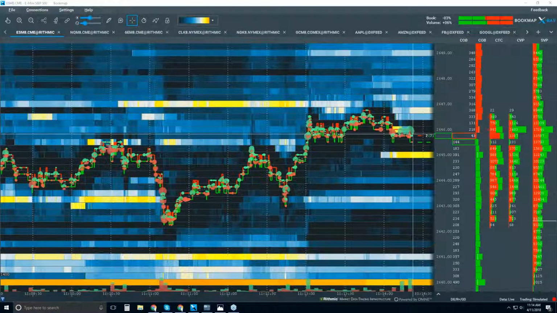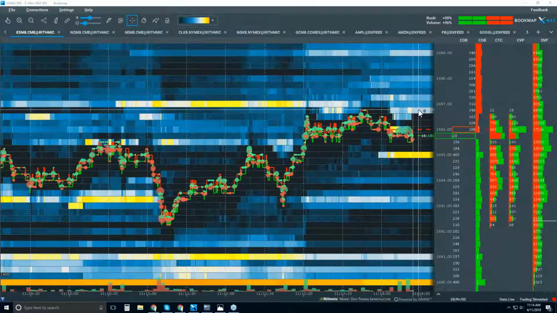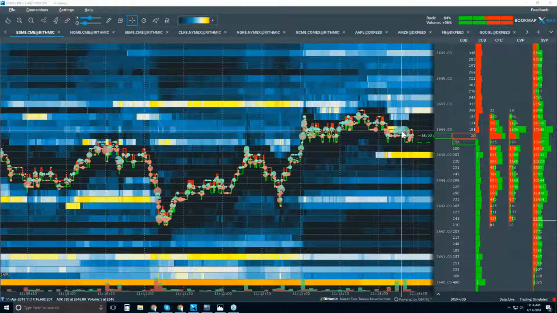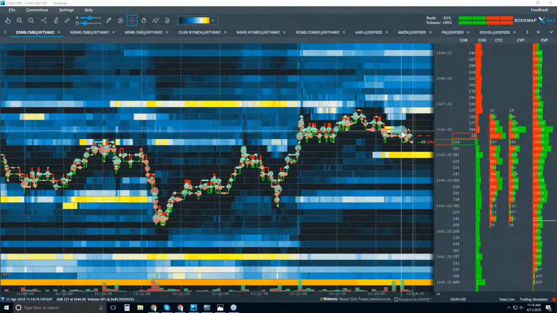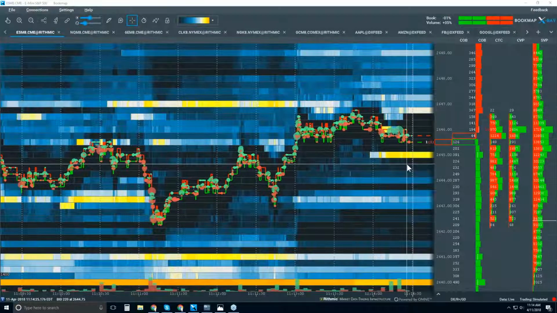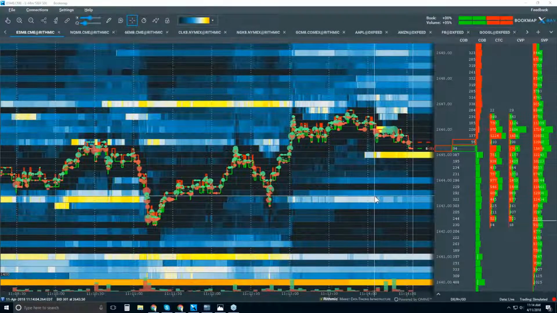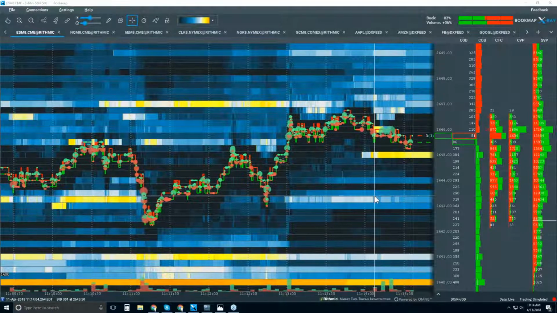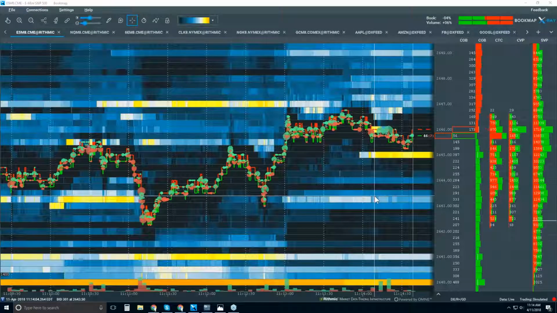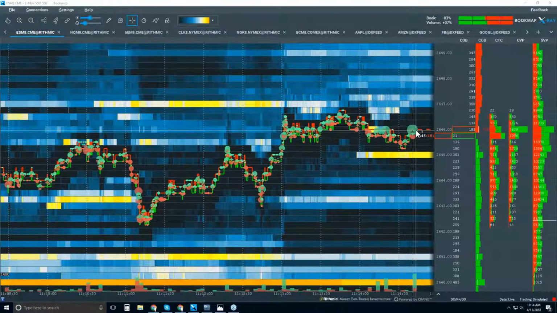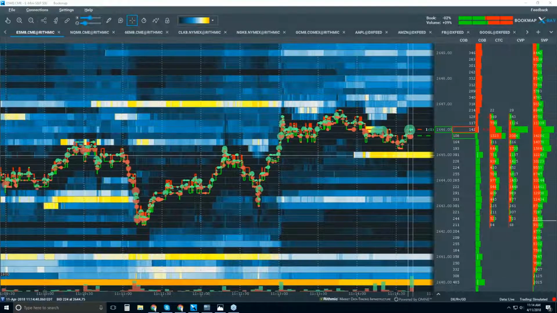All right, let's see them sweep it then. If they're going to take them on and they're aggressive here, then we should see this trade higher. Okay, let's see it right here. This is where we'll see them.